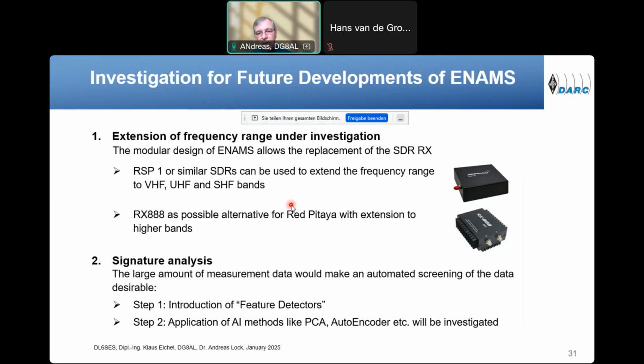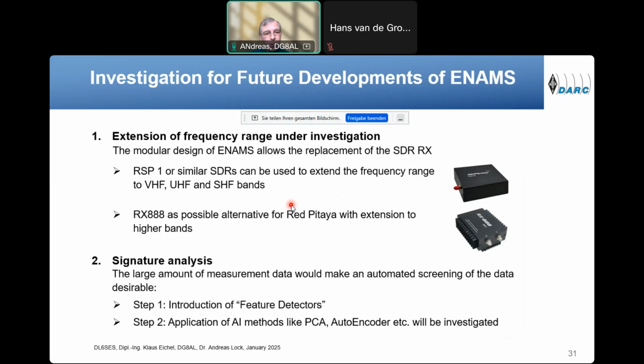I checked it, but the software library you get with this device is so limited that it's good for SDR applications where you use it as a receiver, but not very well suited for measurements. So I dropped it.